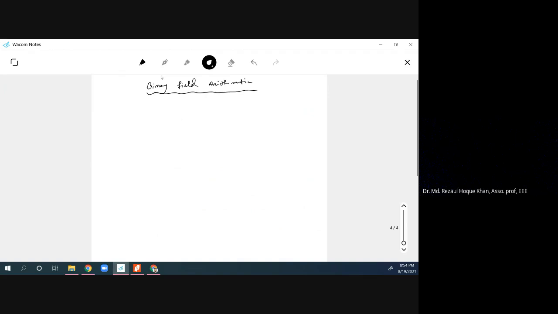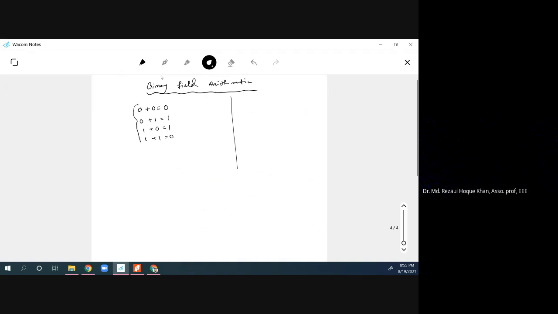In binary field arithmetic we see two operations, addition and product. 0 plus 0 is 0, 0 plus 1 is 1, 1 plus 0 is 1, and 1 plus 1 is 0.